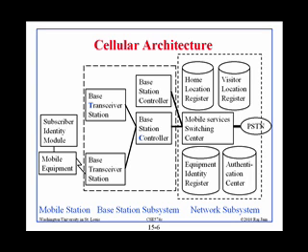Then on the other side, we have what we call BTS, base transceiver station, and that is actually the radio part of the tower. There might be many base transceiver stations controlled by a single intelligent system called BSC, base station controller.